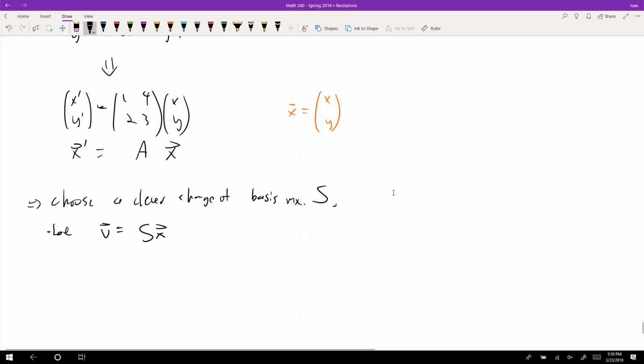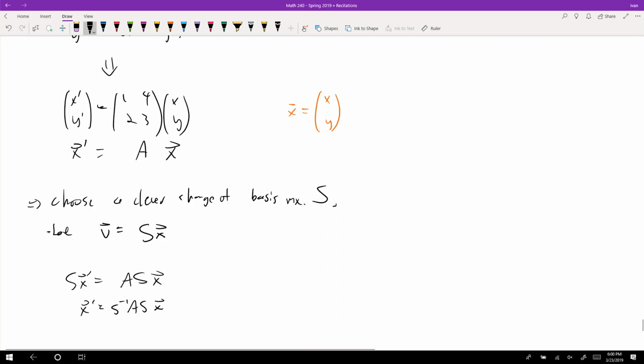We want to do S x prime is equal to A times S x. We just apply the change of basis matrix there. And now x prime is equal to S inverse A S times x. We move that S from the left-hand side over to the right-hand side.